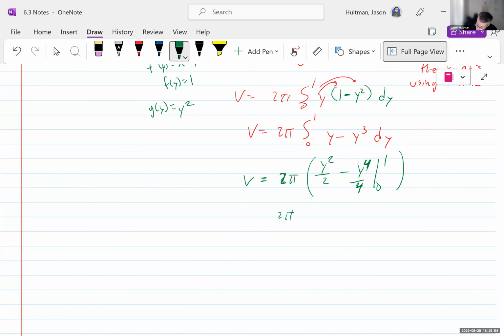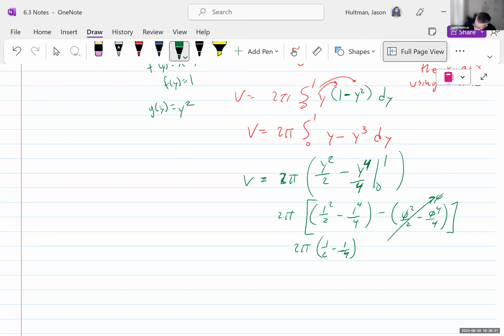So this is 2 pi times 1 squared over 2 minus 1 to the 4th over 4, minus 0 squared over 2 minus 0 to the 4th over 4. That all goes to 0, and we're left with 1/2 minus 1/4.